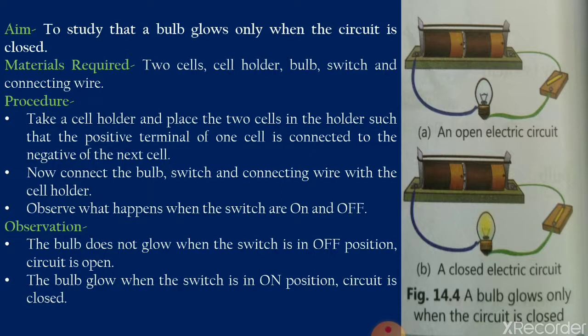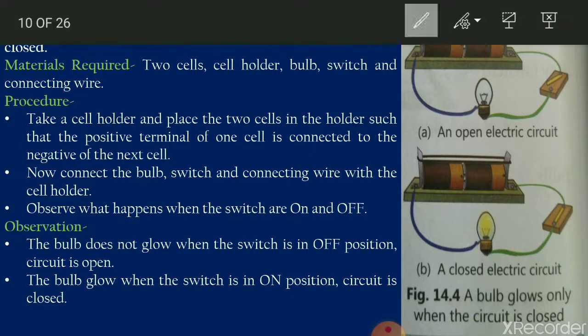Now we have to observe what happens when the switch is on or off. The switch can be made by us, or we can use the simple switches which are used in the boards also. Here you can see in the first condition the switch is in the off condition.